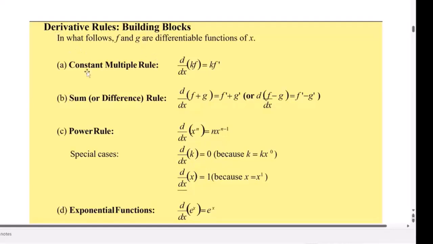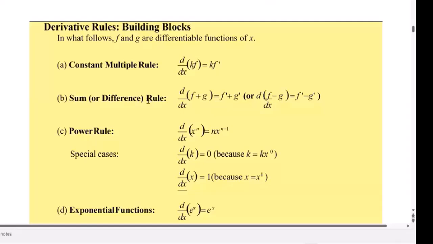Right. Derivative building blocks. So we have the constant multiple rule. We just talked about it. If I have the derivative of a constant times a function, it's equal to the constant times the derivative of the function. The sum and difference rule, all that really means is that if I have something plus something or something minus something, I can pull them apart and take the derivative of each thing individually.